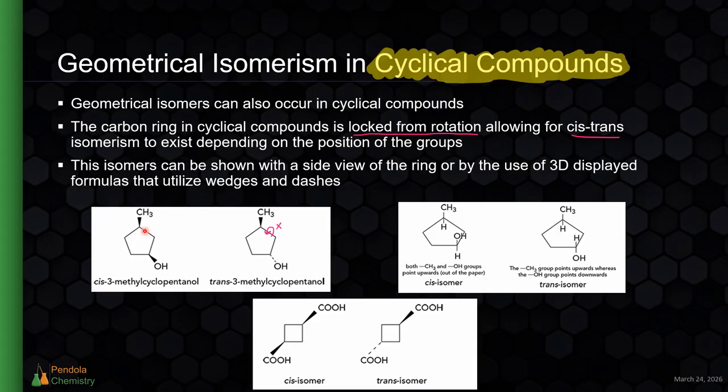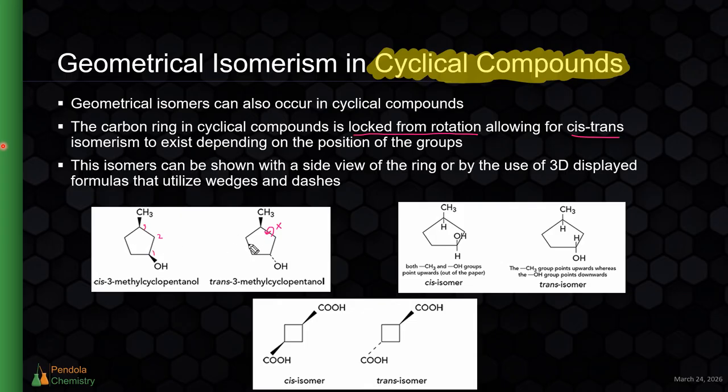So, for example, if we have this cyclopentanol, and again, cyclo because it's a ring, pent because it's 5 carbons, and because they're all single bonded, ol because we have an alcohol, and it is a 3-methyl cyclopentanol because in the third carbon, because this is carbon 1, 2, 3, we have a CH3, a methyl group. So this is 3-methyl cyclopentanol.